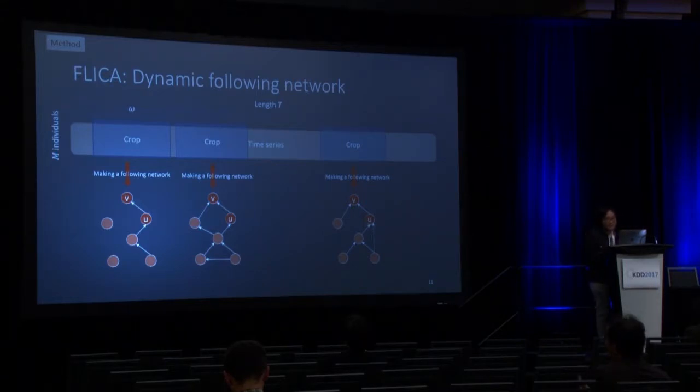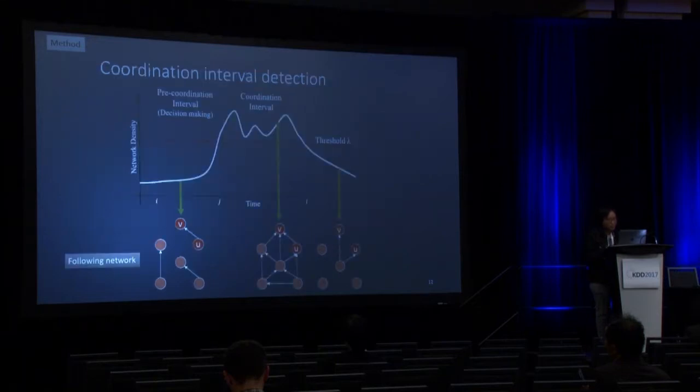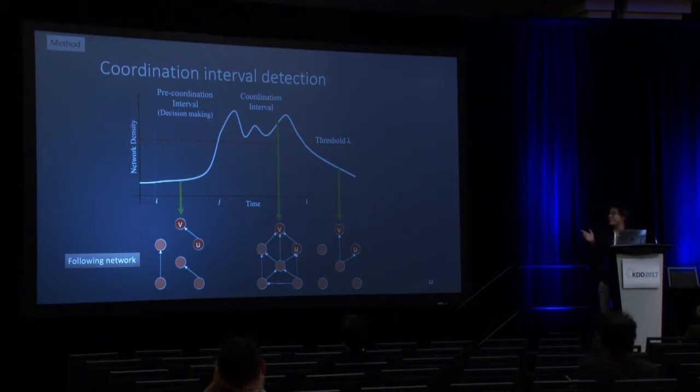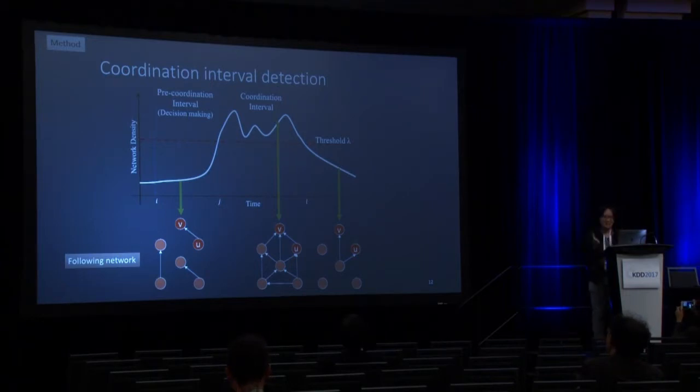After we cover the entire time series, we have a time series of dynamic network density like this. Here's the interesting point. When a group of baboons coordinates to somewhere, we have a pretty high value of network density in that period. We call it the coordination interval, and the period before that we call the pre-coordination interval.